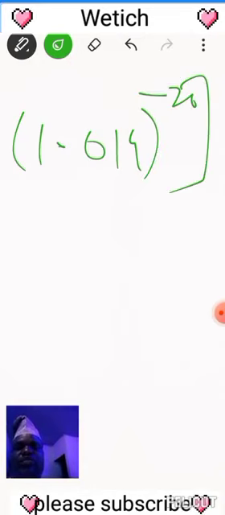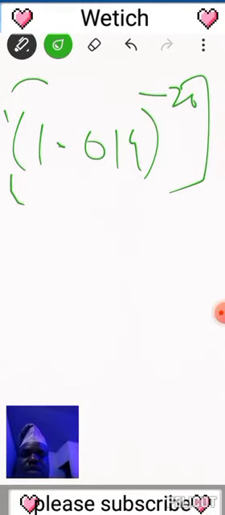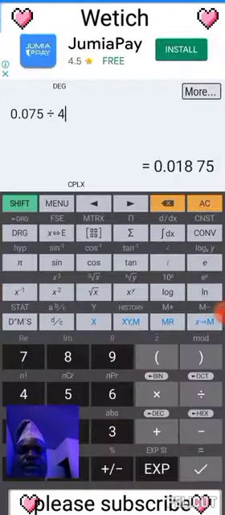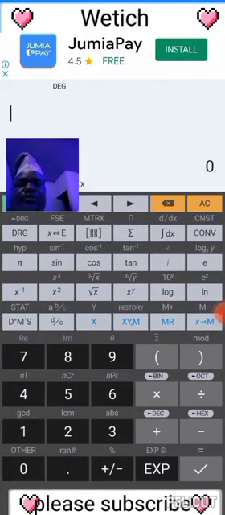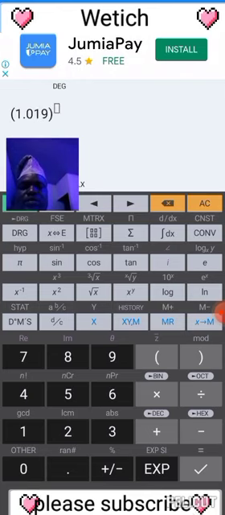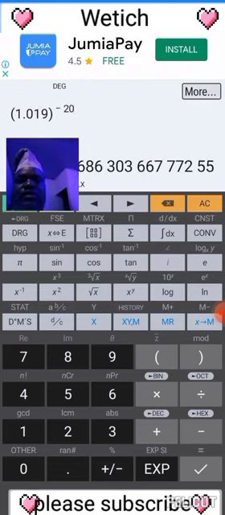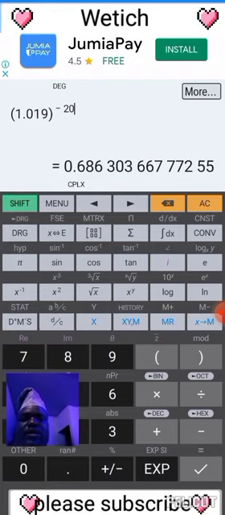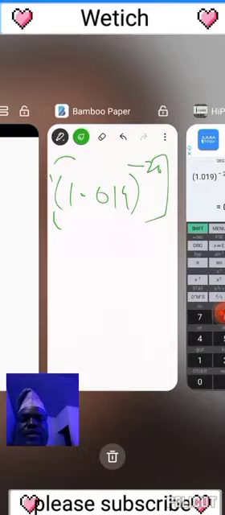We are going to work this out in our calculator. 1.019 raised to the power of negative 20 gives 0.686, to 3 decimal points.